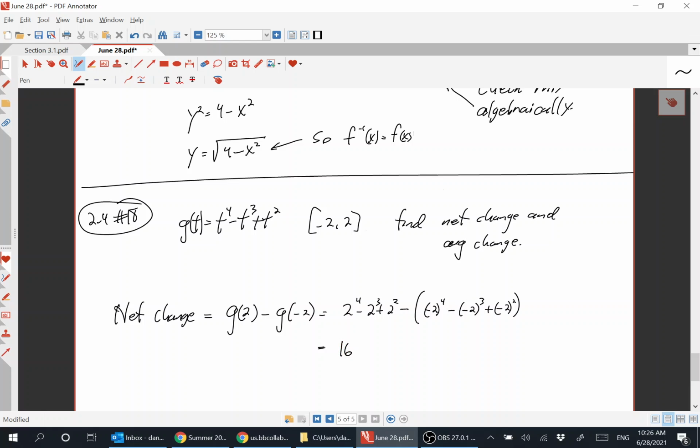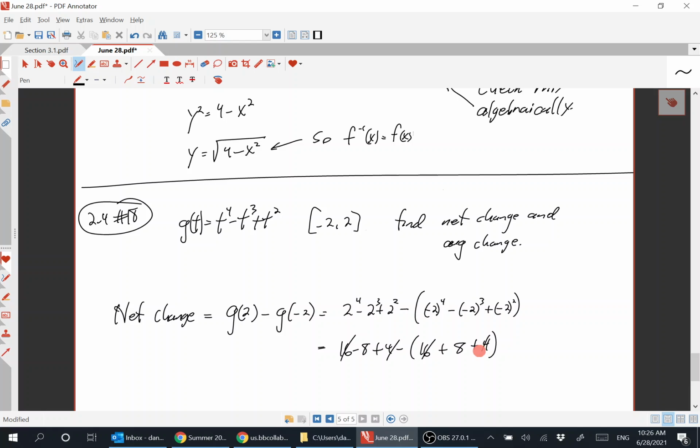So this is 16 minus 8 plus 4 minus 16. Minus negative 8 is again plus 8. And then minus negative 2 squared is minus 4.